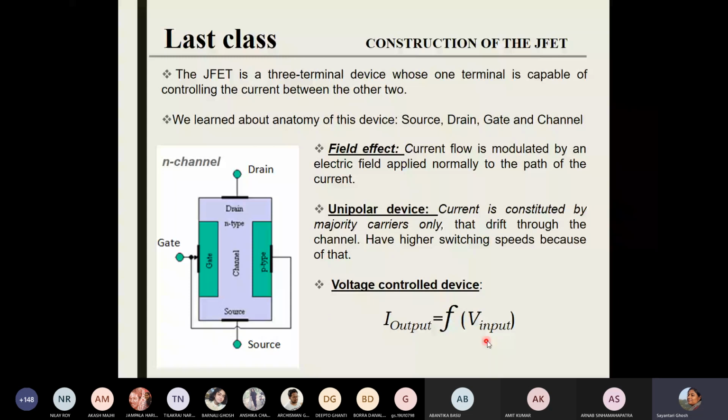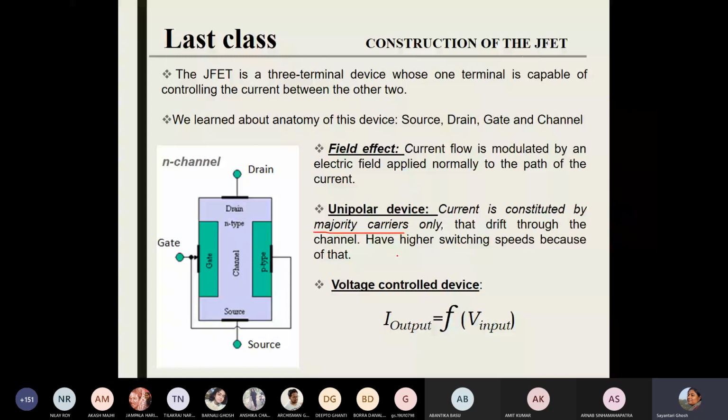Another thing we learned is that the current in this particular device is basically the contribution of only the majority carriers. We will see that later, when we learn about bipolar junction transistors, BJTs, right? These are the transistors usually we learn about beforehand. Bipolar means that there you have a contribution from both majority and minority carriers.